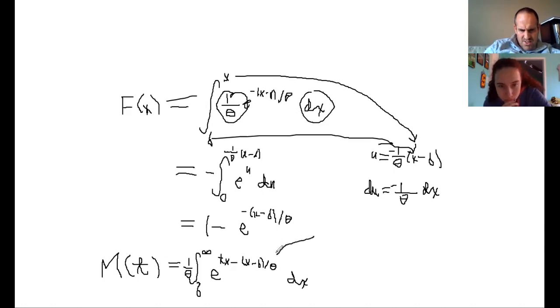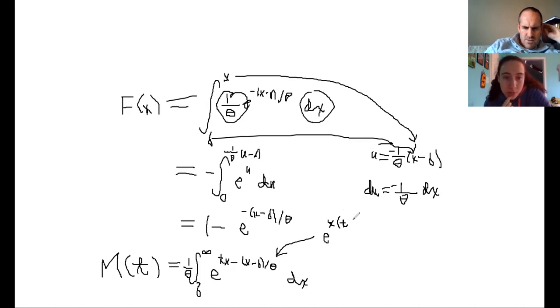Isn't this thing just e to the x multiplied by what? Parentheses, there's going to be a t, right? And then what else?